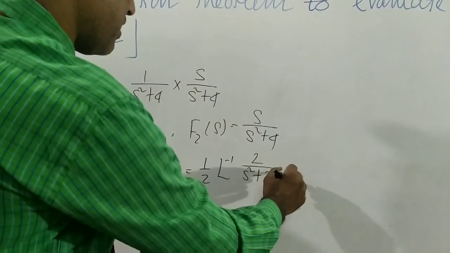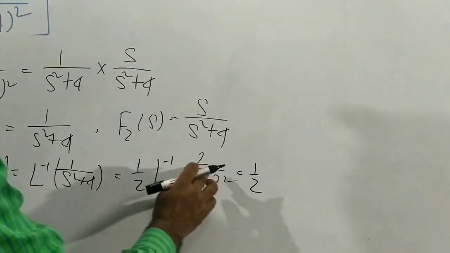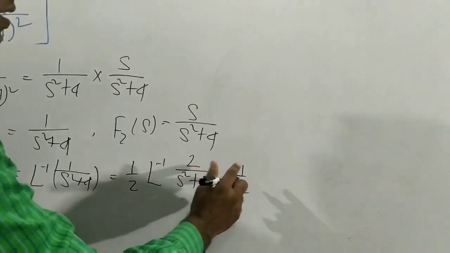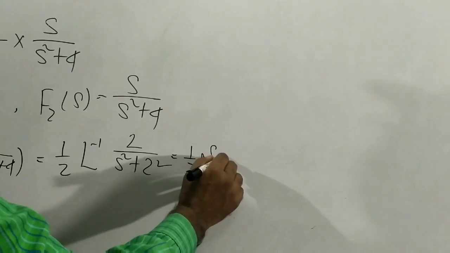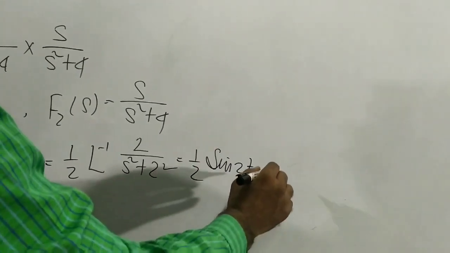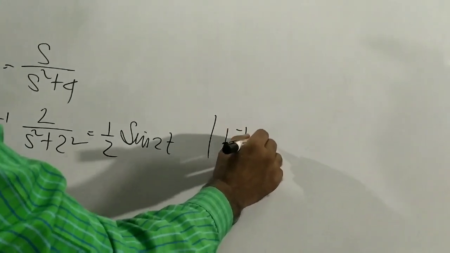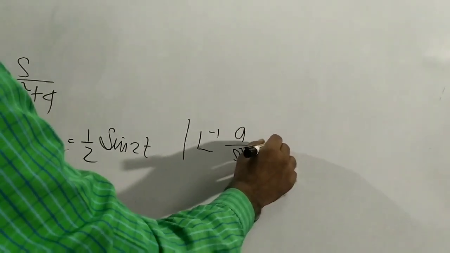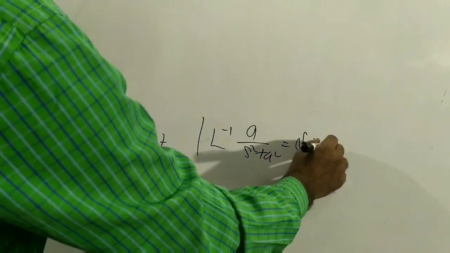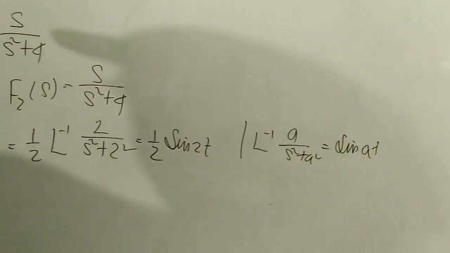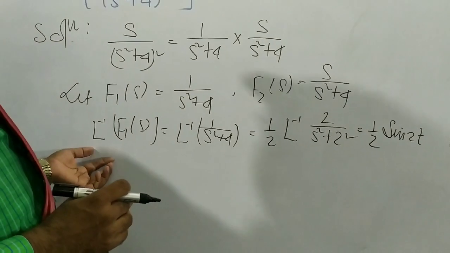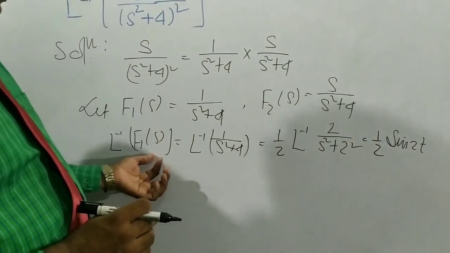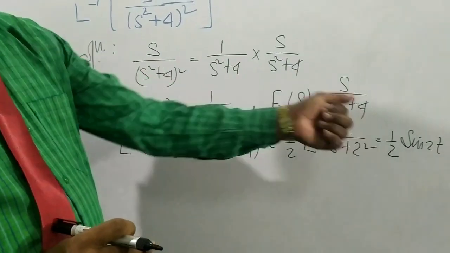This is a by s square plus a square, and we know this formula: L inverse a by s square plus a square is sin a t. By using this formula we get L inverse F1(s) equal to this, our result.